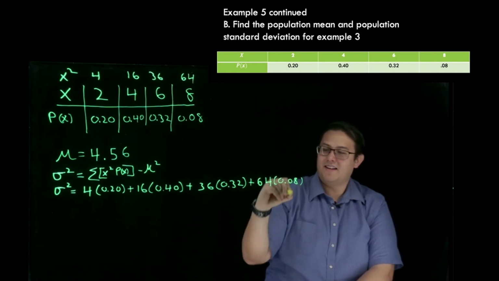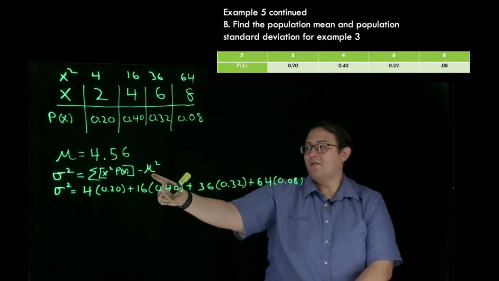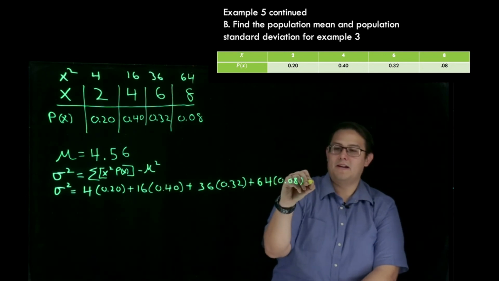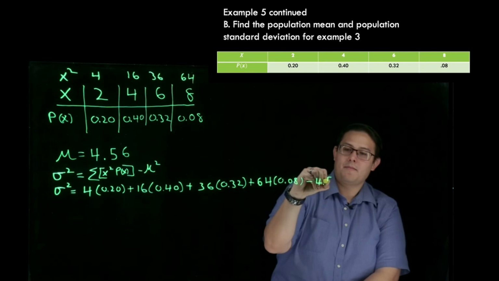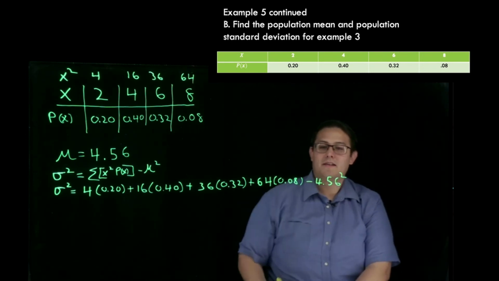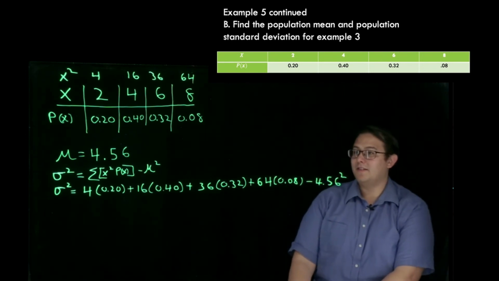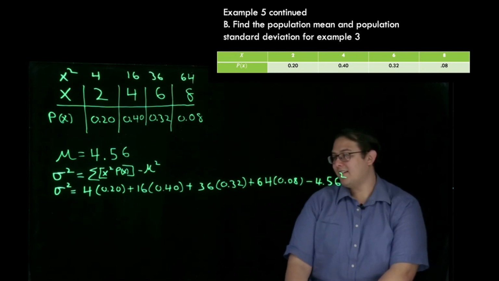And don't forget, like I did in the first example, to subtract off mu squared. So minus 4.56 squared. All right, so there's the lovely formula for the variance, and now we got to figure it out.